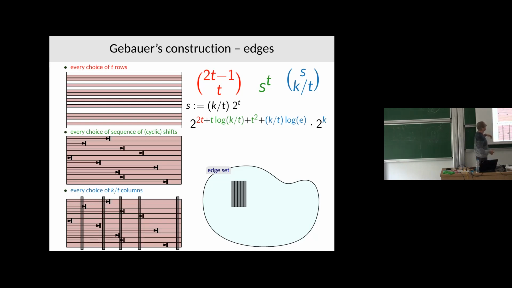Let's imagine that the vertices are colored. Every edge has some colors in it, and every edge is either mostly blue or mostly red, or actually it can be mostly both, but that doesn't matter. What's important is that there is a set of t rows in which the same color is dominating in every row.